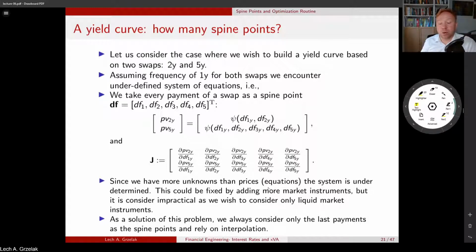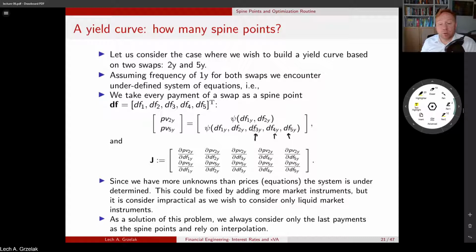Of course, now we could say, okay, let's introduce extra market instruments. For example, instruments for zero coupon bonds 3, 4, and 5, and that would give us a solution. If we add 3 extra equations, then this problem is well defined, well posed, and we can find the inverse of the Jacobian and iterate.